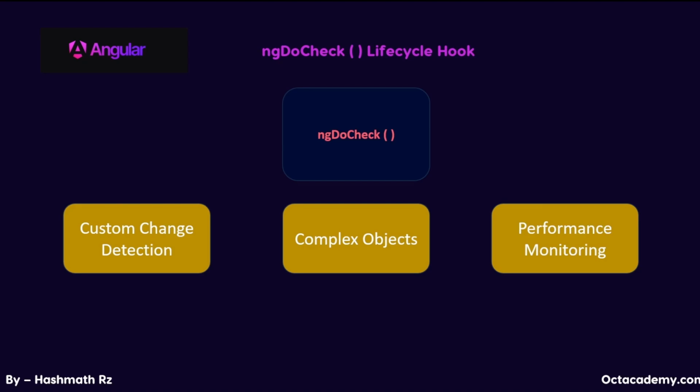Next, you can use it to track how often change detections run. But guys, remember, with great power comes great responsibility. The ngDoCheck lifecycle hook can be called very frequently, so we need to be careful not to put heavy operations in here.